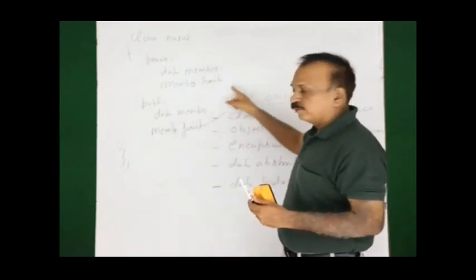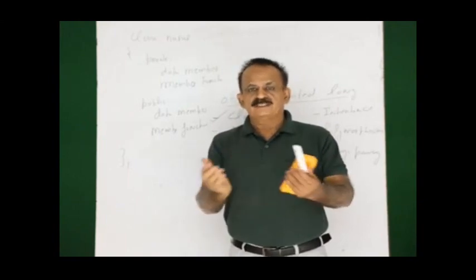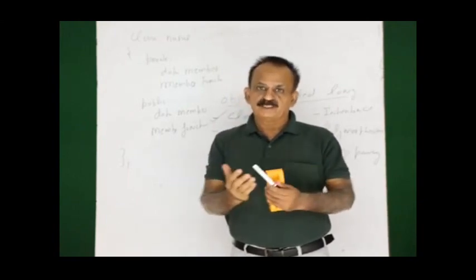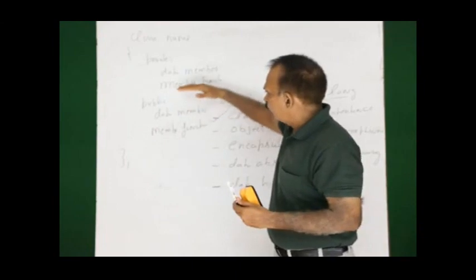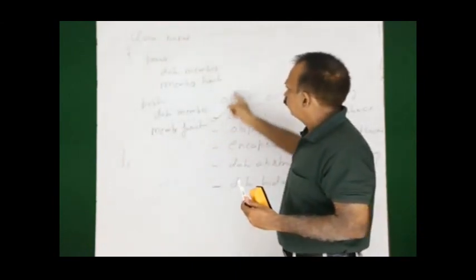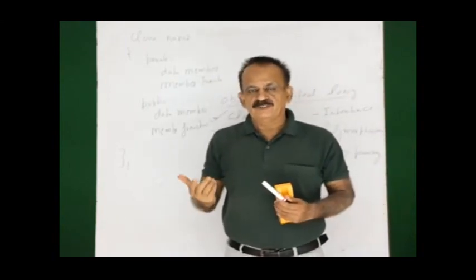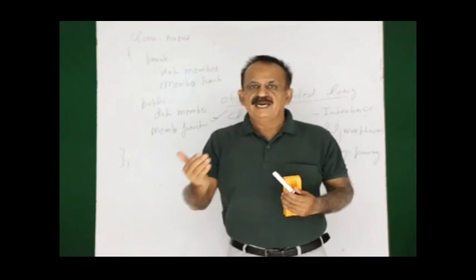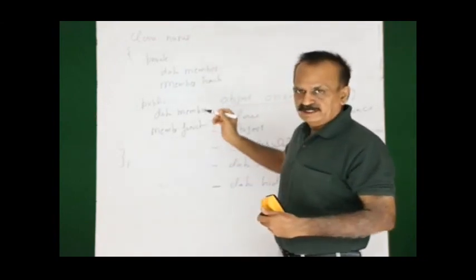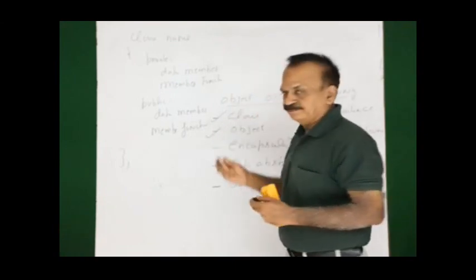The operations performed on those can be addition of two distances, and then comparison of two distances. These can be the functions performed on this. And as a whole, this is known as the class. So it is a user-defined data type which is a combination of data items and the operations performed on those data items.